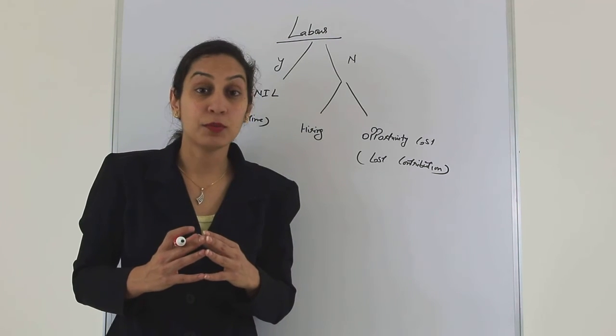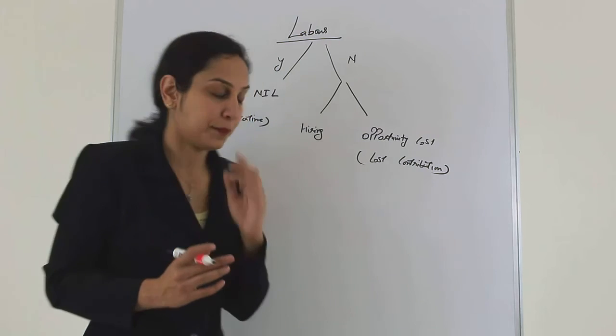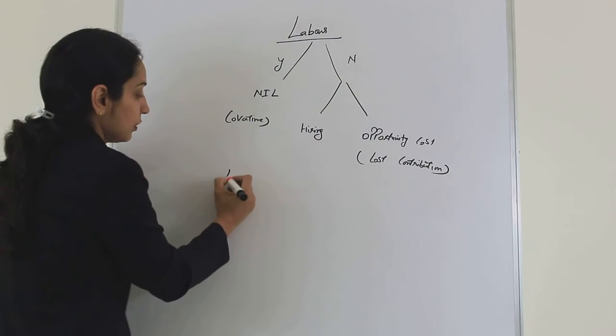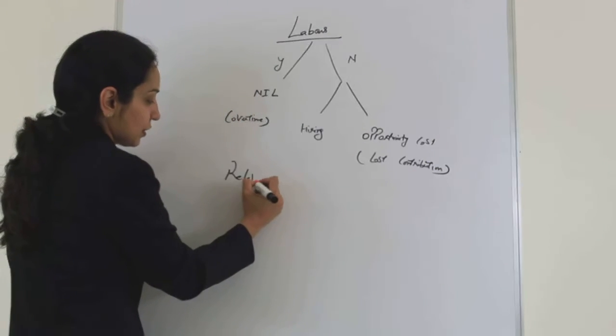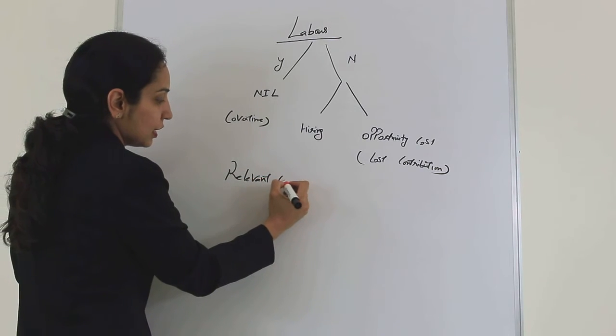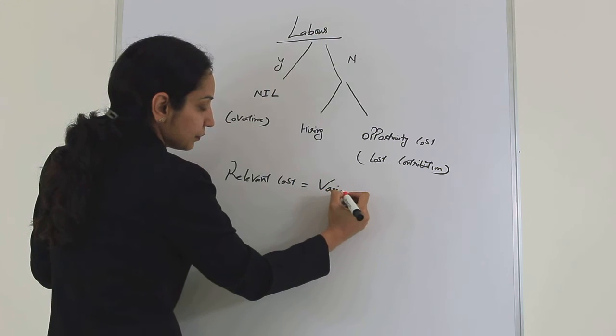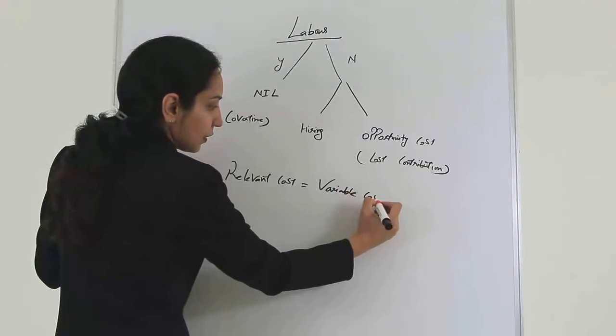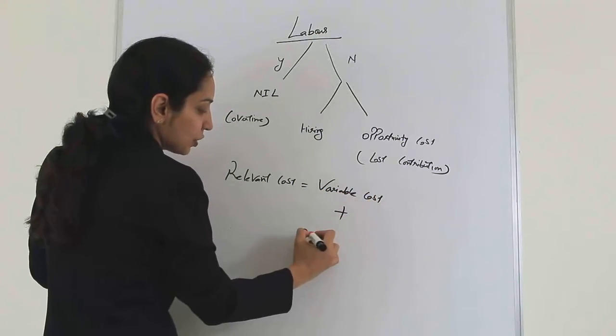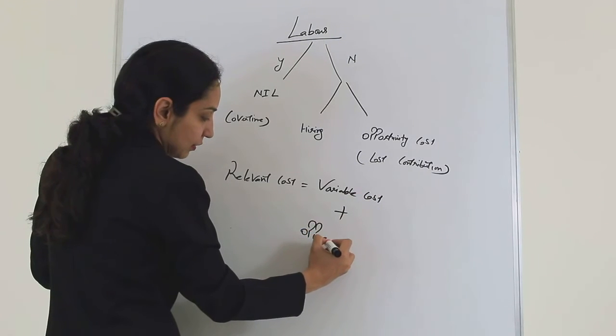Now let's make a formula for relevant cost. The relevant cost is equal to variable cost plus opportunity cost, if any.